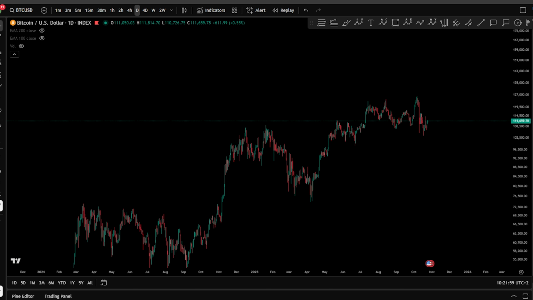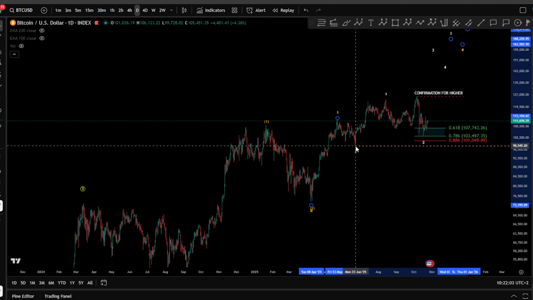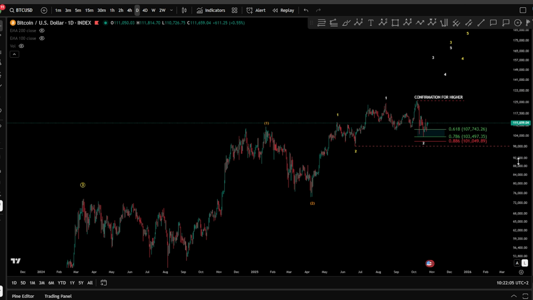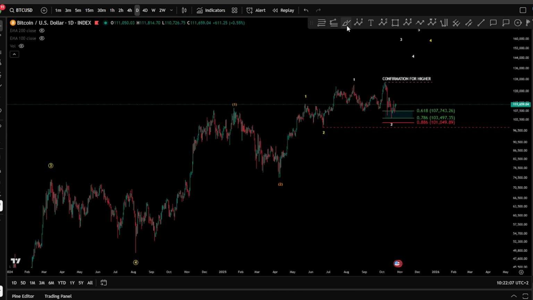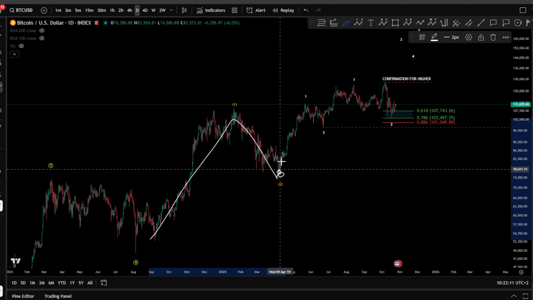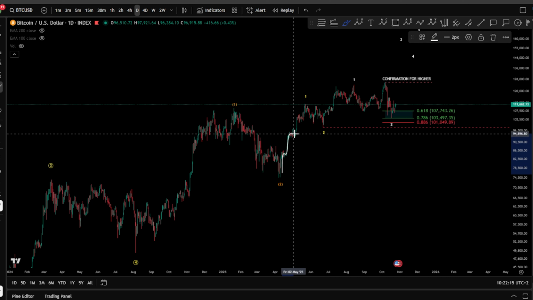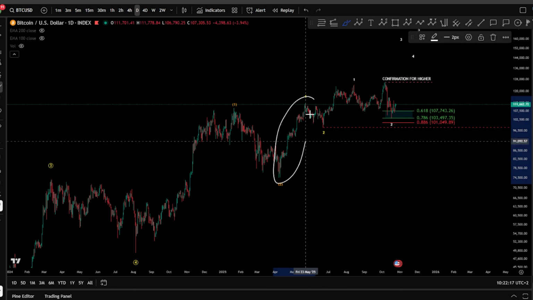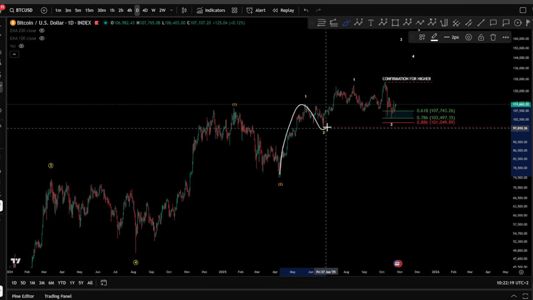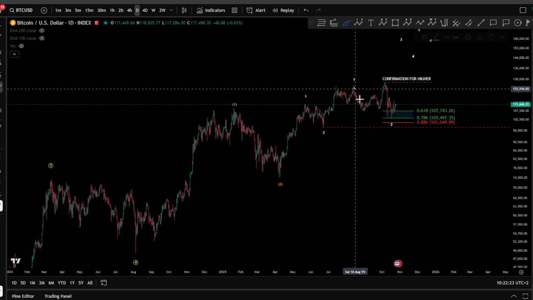So the count for the bullish, which is an ultimate bullish scenario that might be unfolding here, is the following. If you have a potential 1, 2, a big wave 1, 2 here, we got another 1, 2. Let's say this is an impulse, though I don't like it so much as an impulse. It doesn't look really impulsive, but let's say it is an impulse 1, 2, 1, 2, and you have an ABC expanding flat.